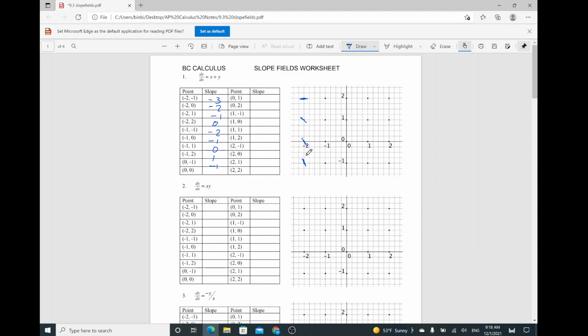Then the rest: (-1, -1) is -2 once again. (-1, 0) is -1. Then (-1, 1) is 0, flat. And then (-1, 2), which is 1.